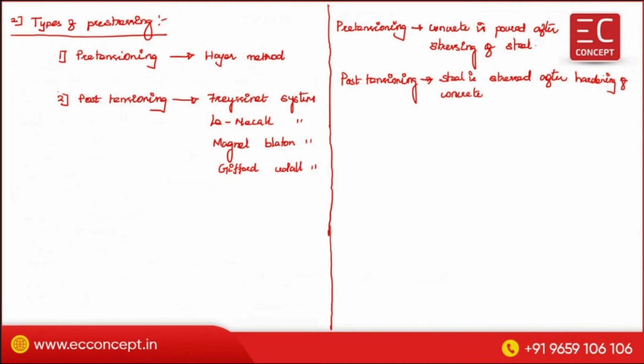The reverse of pre-tensioning is post-tensioning and vice versa. Pre-tensioning means we are tensioning the steel before pouring the concrete. Post-tensioning means we are stressing the steel after hardening of concrete. First we are pouring the concrete, after that only we are stressing the steel.